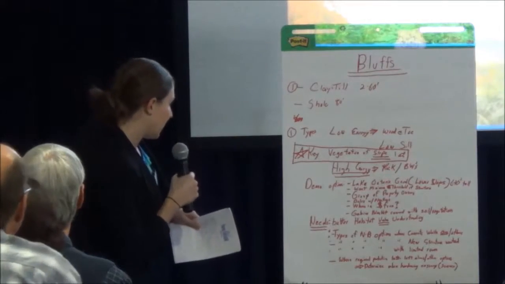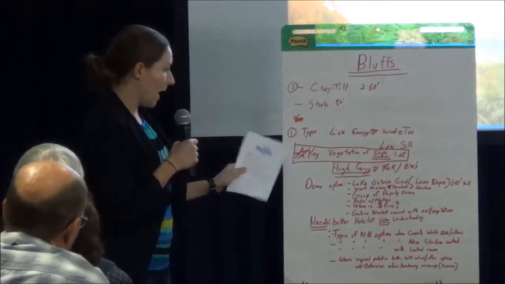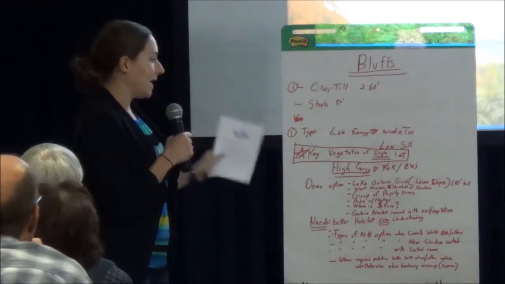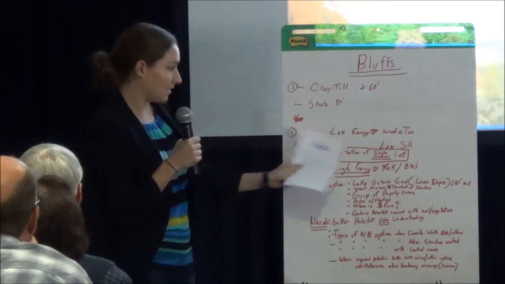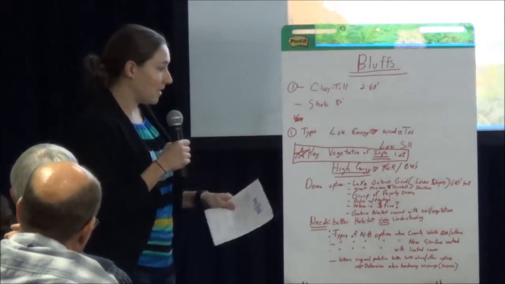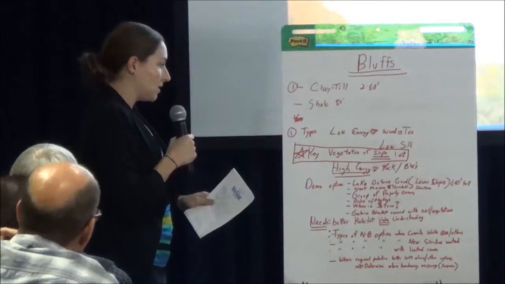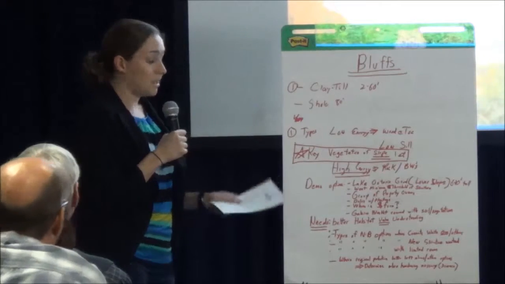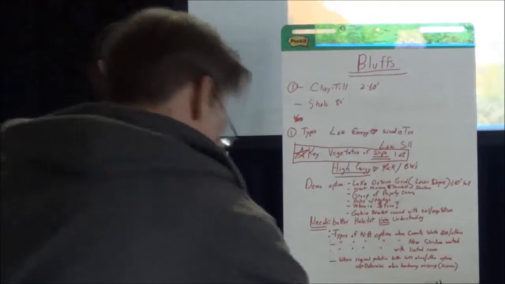So I guess the key thing we spoke about was how are we going to incorporate nature-based into our bluff stabilization, and we talked about vegetating the slope. That's only one element though. The other element is toe stabilization, and we felt like it was a bit more difficult to get completely nature-based with that. We do some kind of rock toe protection.